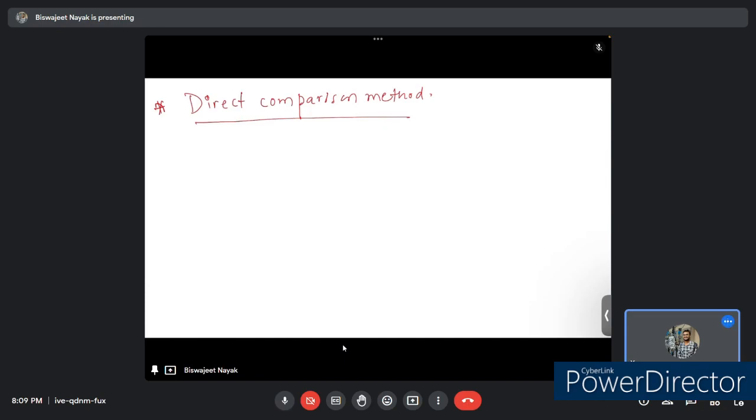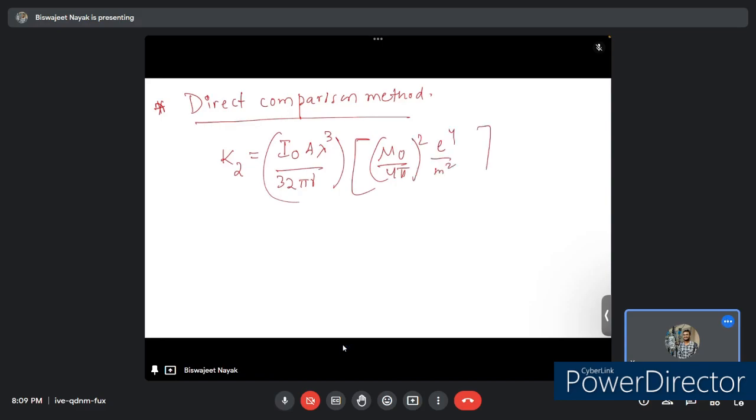So to start with, in the basic intensity equation, K2 is given by I0 A lambda cubed by 32 pi r times mu 0 by 4 pi, squared, e to the 4 by m squared, and r is denoted as 1 by p squared. Basically we are just splitting our equation of intensity.